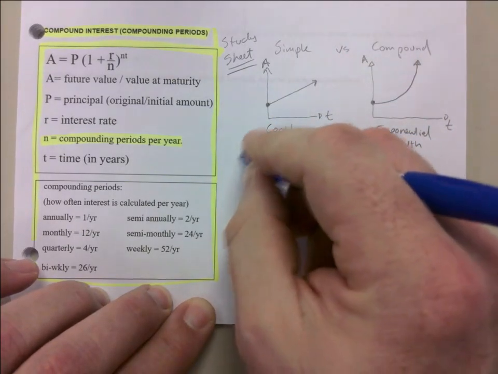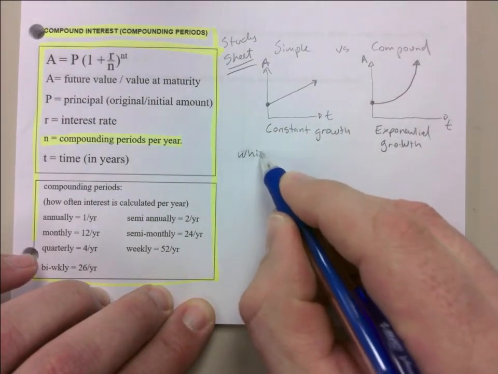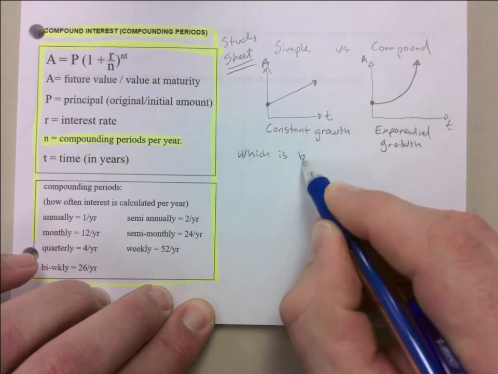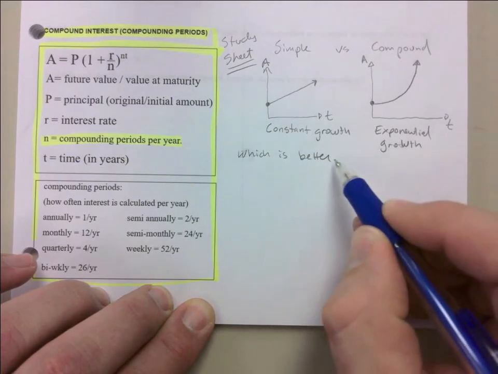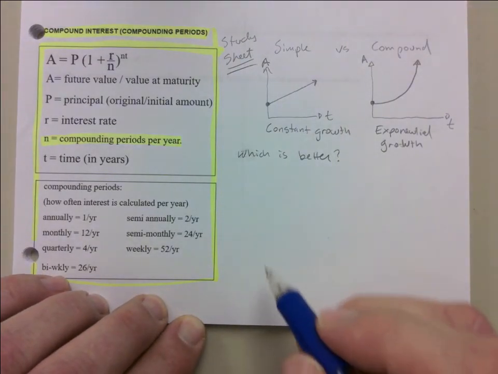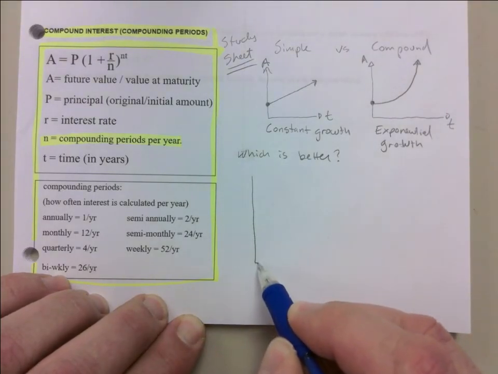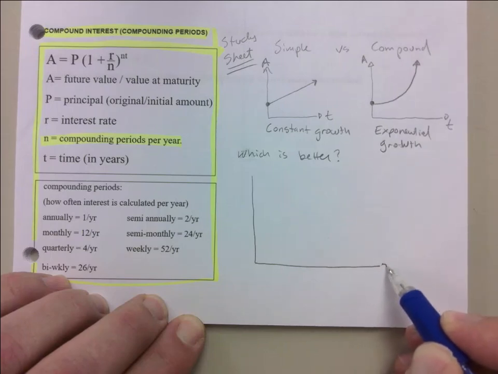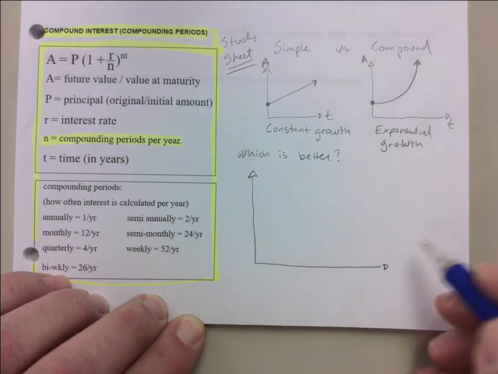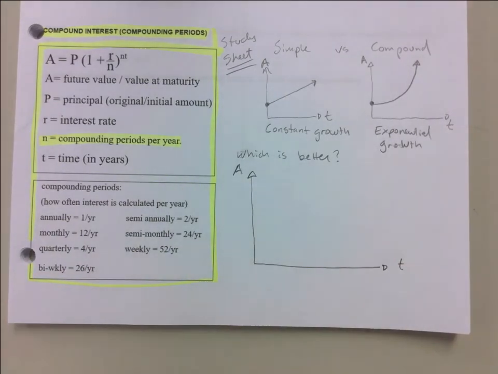You always have to analyze and do some math. Let's say in this graph we compare time and how much money you have.